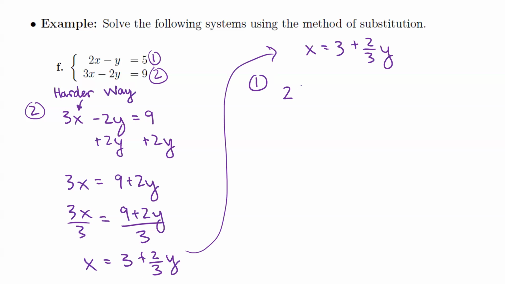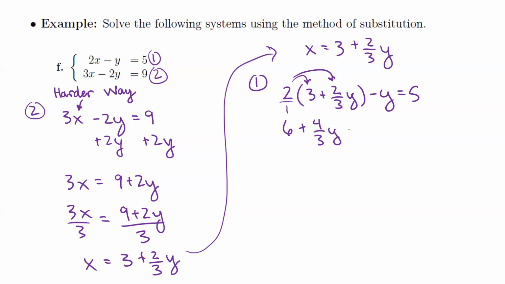So it'll be 2x, right? So plugging this in, 2 times 3 plus 2/3 y minus y is equal to 5. So 6 plus, now this is 2 over 1, right? Times 2/3. So that's going to be 4/3 y minus y equals 5. But we're going to want to put these y's together, right?